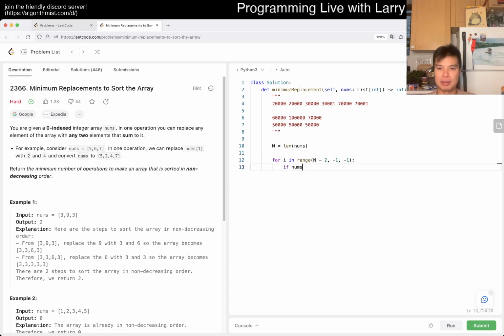If num sub i is greater than last, and maybe set the last number to num sub n minus 1. Yeah, then we have to break this apart. How do I break it apart? So it's num sub i. So that's the number we have to break it into.